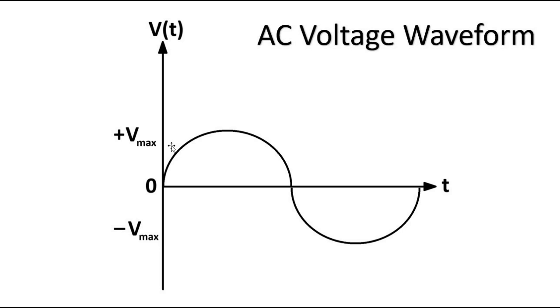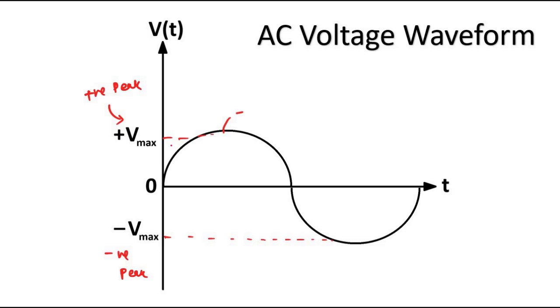We know that an alternating parameter has both half cycles, positive and negative, and the positive peak is equal to the negative peak in terms of magnitude. It is opposite in sign, but magnitude wise it is the same. So this is the positive peak, this is the negative peak.